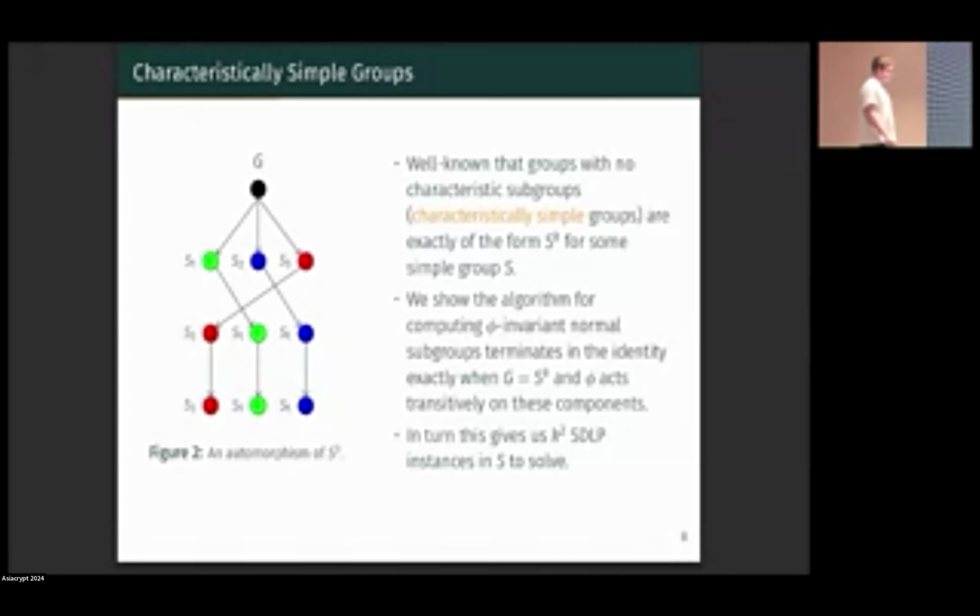And it turns out that if we have outputted our trivial group, then we're going to be in a scenario where we have a K permutation involved in our automorphism, which means that we induce basically polynomially many SDLP instances in a simple group. So even in a scenario where we can't compute this phi invariant normal subgroup, we know we're going to be in a scenario where we're sort of fine anyway. We have a different reduction to simple groups.